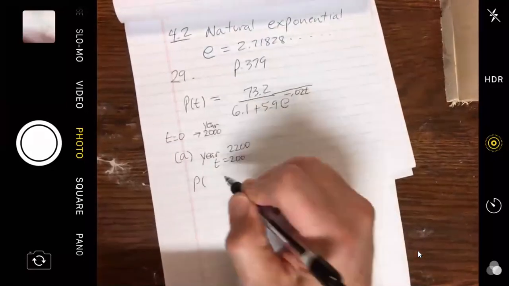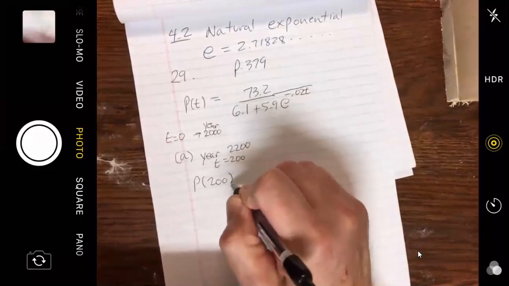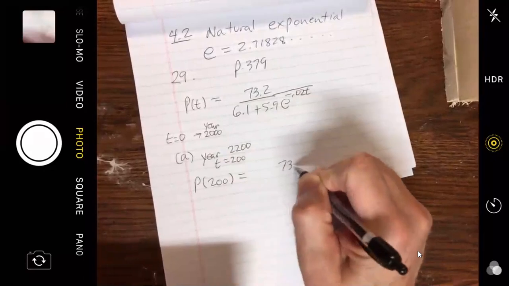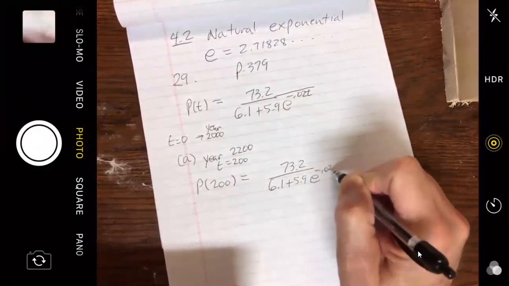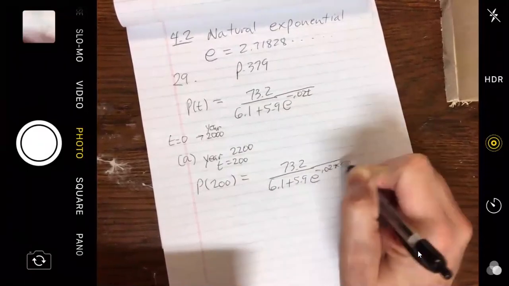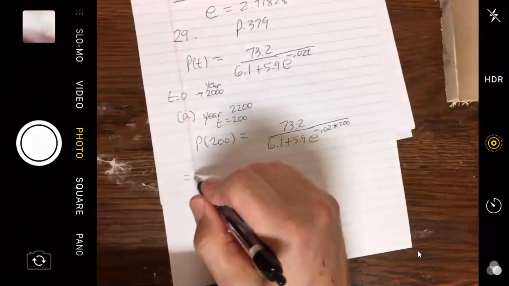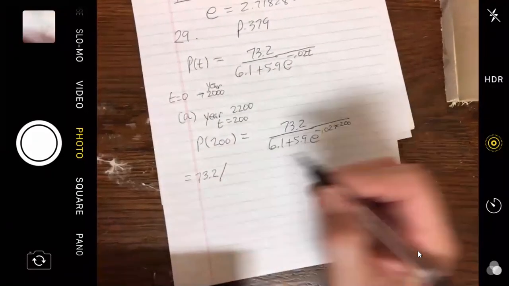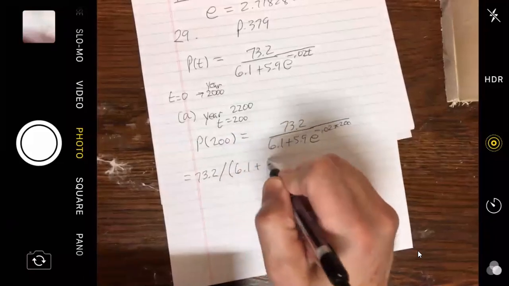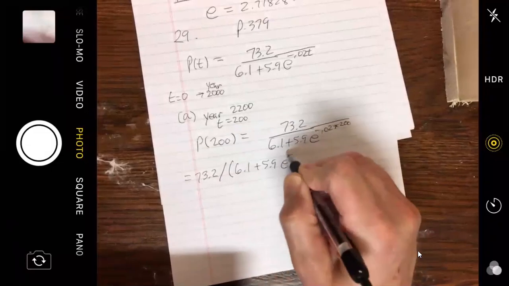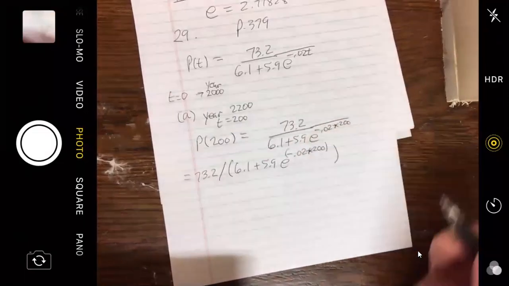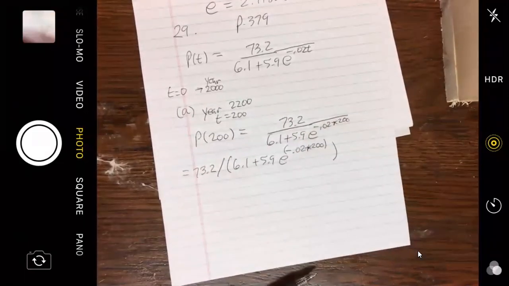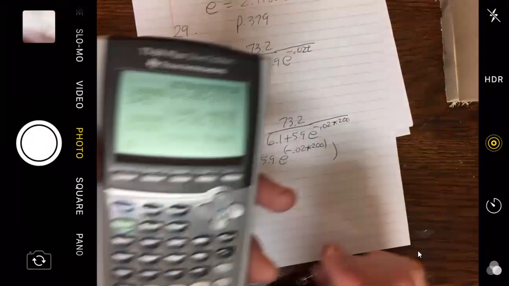So P of 200 is 73.2 over (6.1 plus 5.9 e to the negative 0.02 times 200). I can write it out horizontally. That would be 73.2 divided by, parentheses, 6.1 plus 5.9 e, parentheses up here, negative 0.02 times 200, close there and close there. For the year 2300, you'd put in a 300 there.